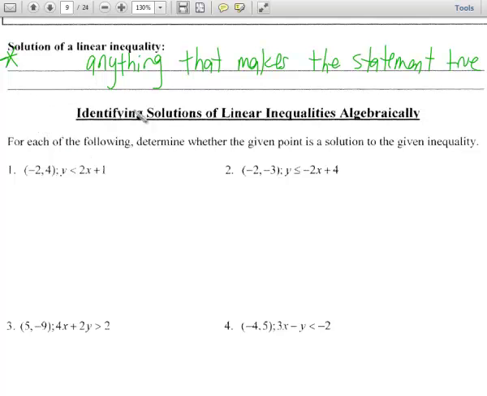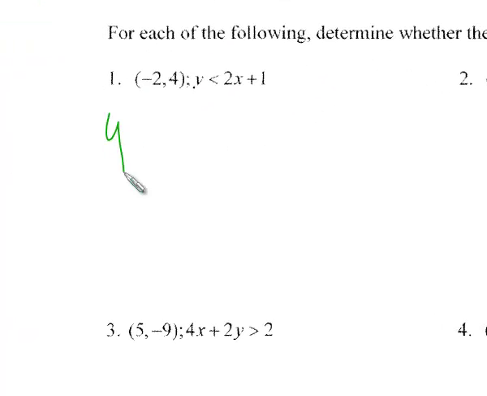When we are identifying solutions of linear inequalities algebraically, it's going to look a little bit like this. We have this inequality right here: y is less than 2x plus 1. We have an ordered pair right here, an x and a y. Here's our x, and here is our y.